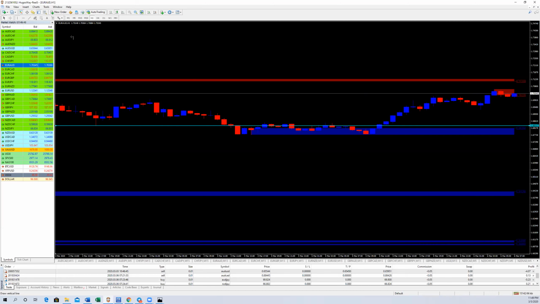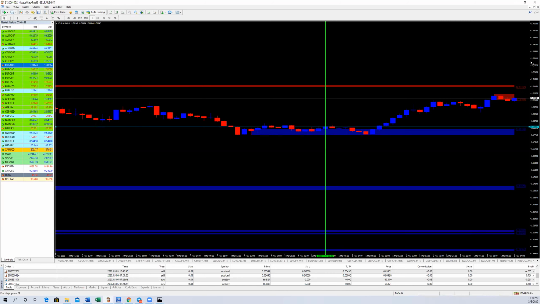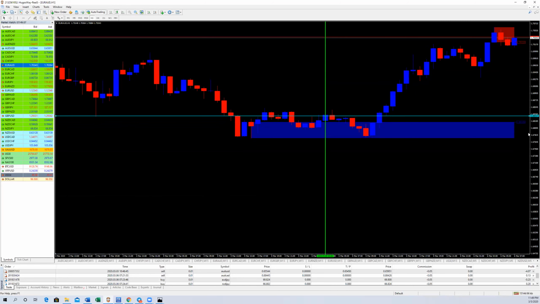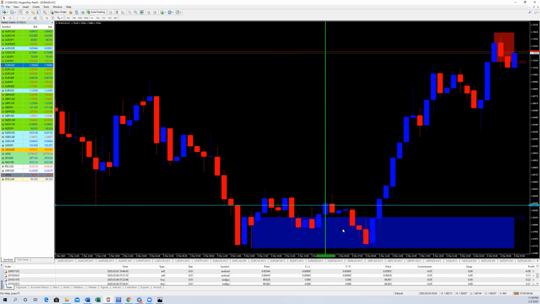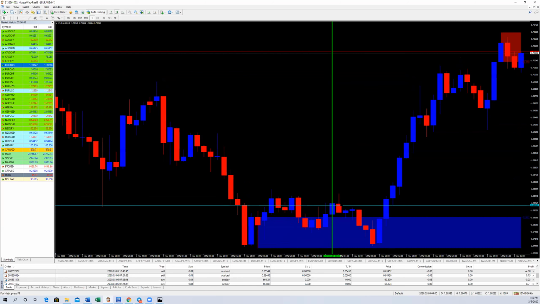I'm going to drop a horizontal line so that you guys can see the exact area that I am looking in, and I'm going to spread my candles out a little bit to make the chart a little bit clearer. Perfect. So let me move this line up a little bit now that we can see it a little better.